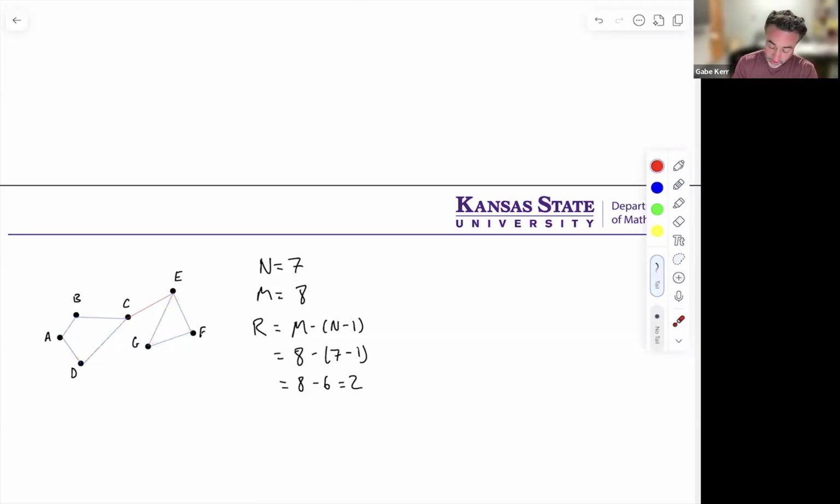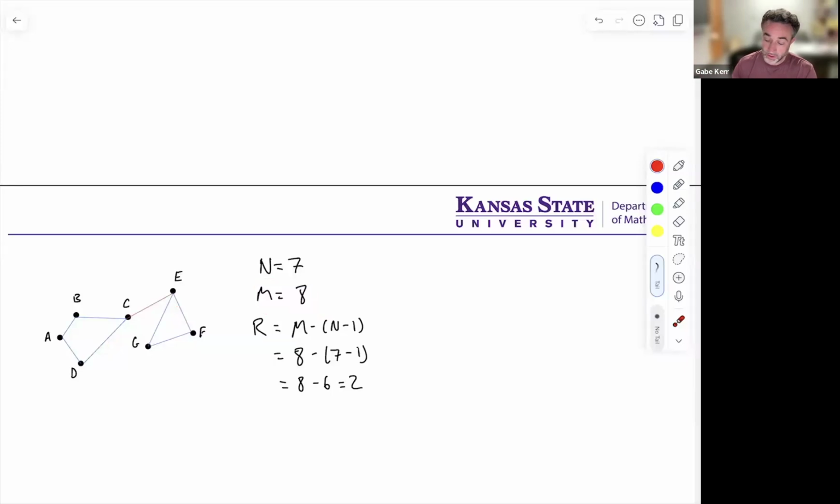So what I want to say is that if you remove any edge or link from both of these circuits, you will get a spanning tree. And why is that? Well, if I remove a link or an edge here, and I remove an edge here, then that takes this m from 8 to 6. It reduces m by 2. But that will take this redundancy and it will also lower it by 2.